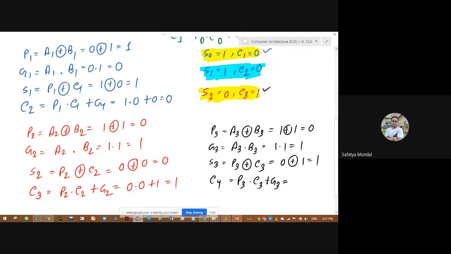And finally the C4. What is P3? P3 is 0. 0 AND something is always 0, but C3 is 1. Let's write down. And G3 is 1. Finally C4 is 1. So what we calculated: S3 equals 1 and C4 equals 1. So these are the last outcomes required for the calculation.